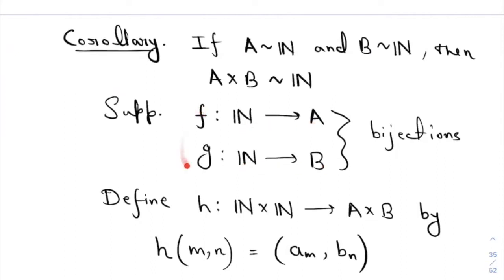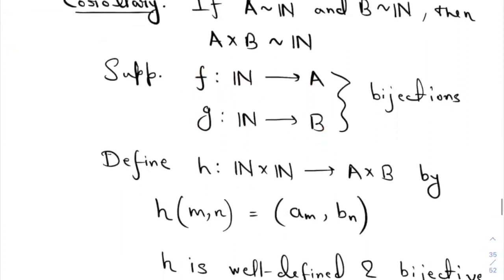You can club these two together. There's a way to pair the functions f and g to get a bijection from N cross N to A cross B. And we already know that N cross N is bijective to N. So this bijection h will prove that, by that similarity, A cross B will be similar to N as well.